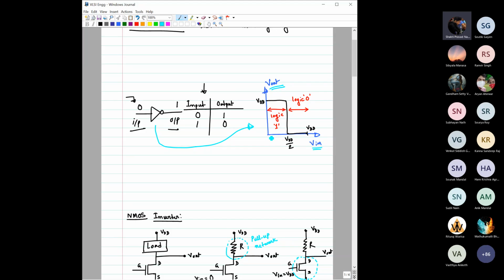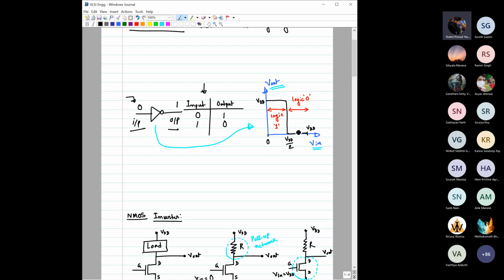Starting from 0, when V input is equal to 0, up to VDD by 2, say if VDD is equal to 5 volt, then up to 2.5 volt, for any input voltage the expected output is 5 volt only, VDD.